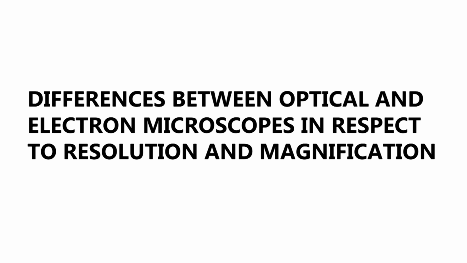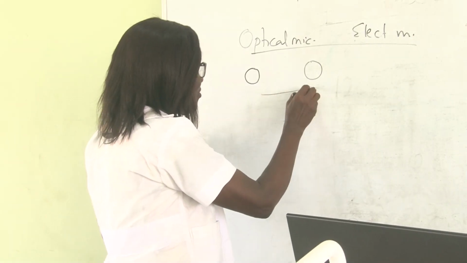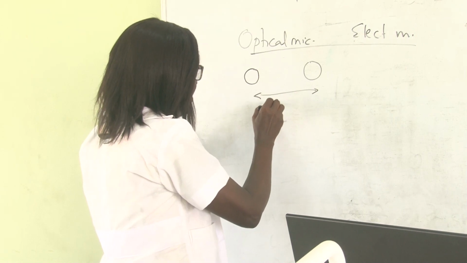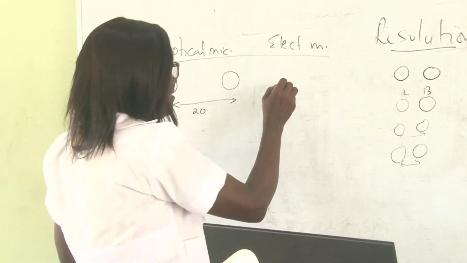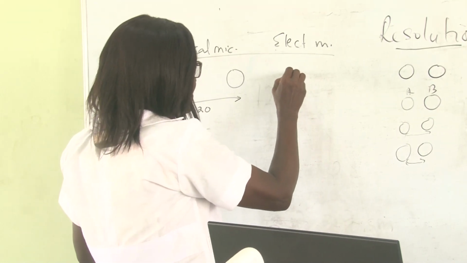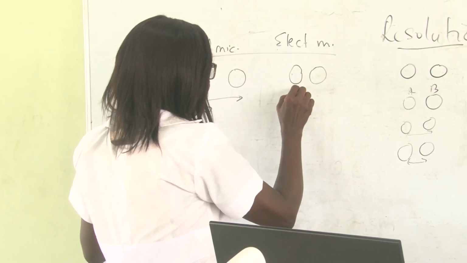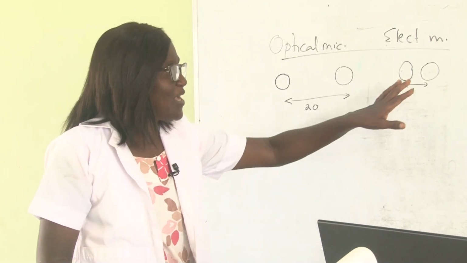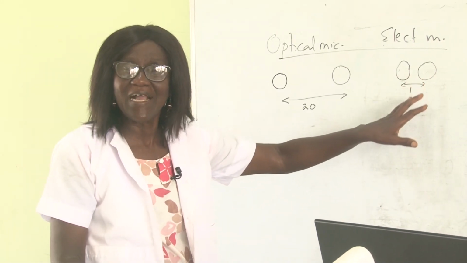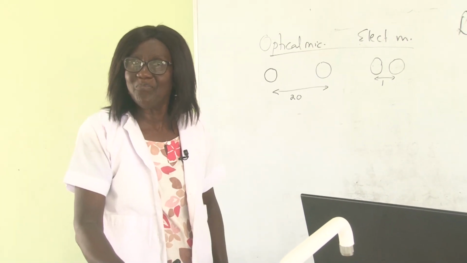Good. So let's look at the differences between the optical microscope and the electron microscope as far as resolution is concerned. In the optical microscope, let's say it is 20. All right? Electron microscope, resolution between these two points is 1. It means that in the electron microscope, structures that are very close to each other can be recognized as different points.